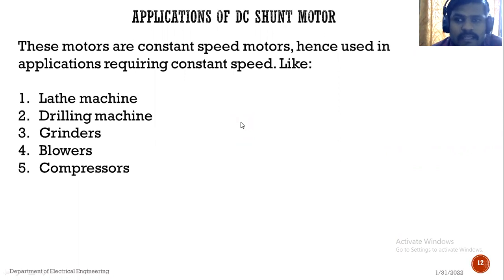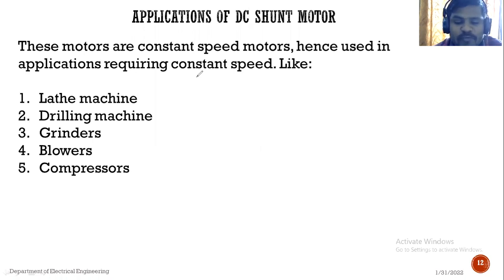So see, these are some of the applications of DC shunt motor. हे DC shunt motor चे application आहेत. The DC shunt motors are generally constant speed machines, because at normal running condition, the speed of the DC shunt motor will be constant.